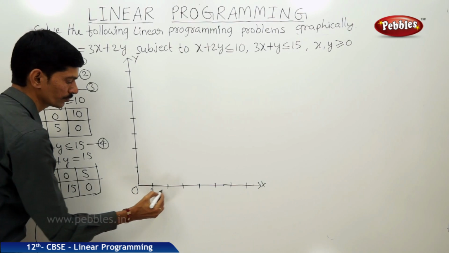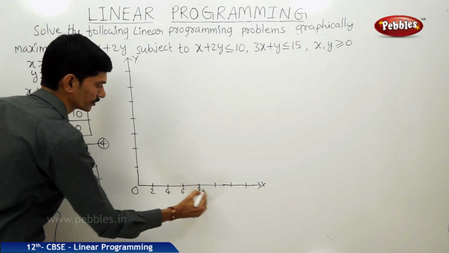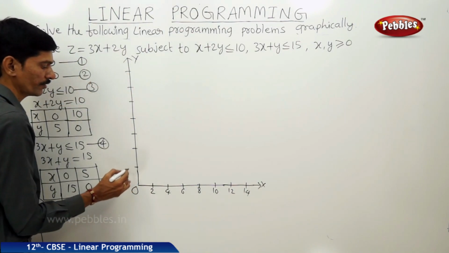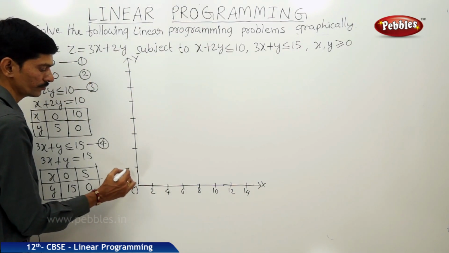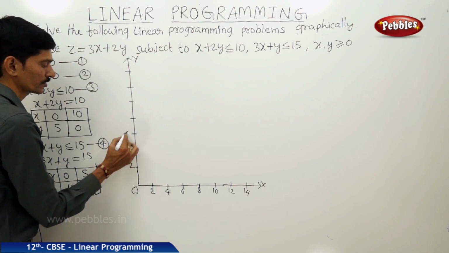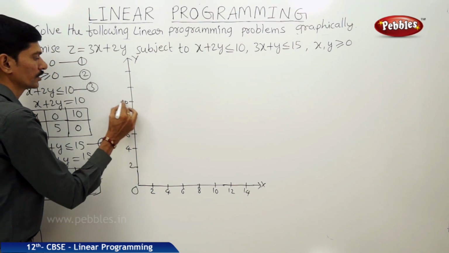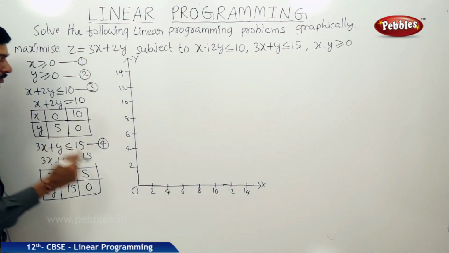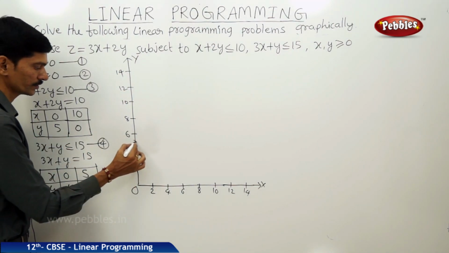On the x-axis, we will take 2, 4, 6, 8, 10, 12, 14 and so on. On the y-axis also the multiples of 2, 2, 4, 6, 8, 10, 12, 14. Now the first point is 0, 5. So 0, 5 is here.